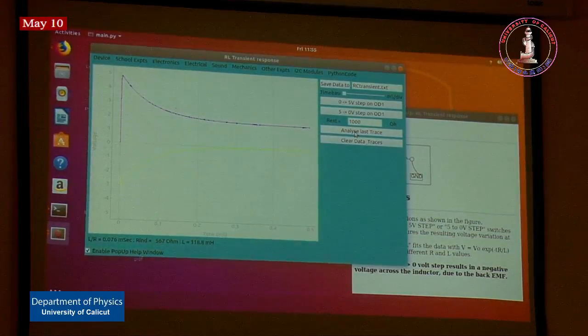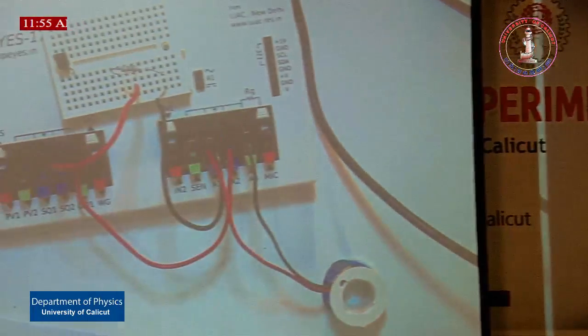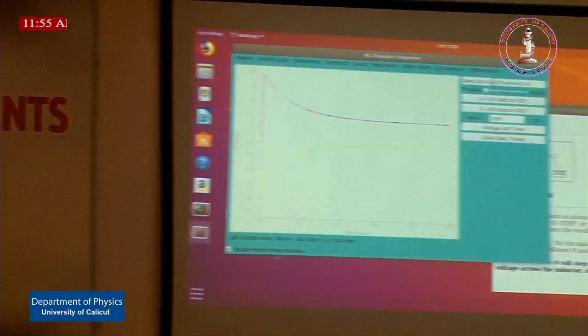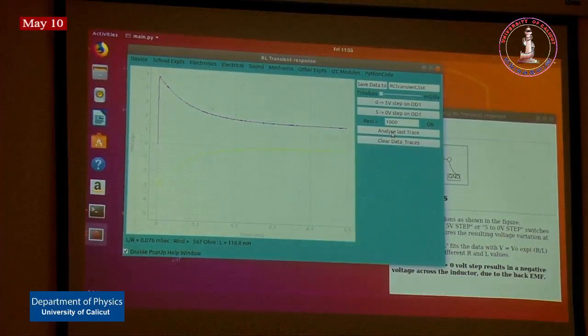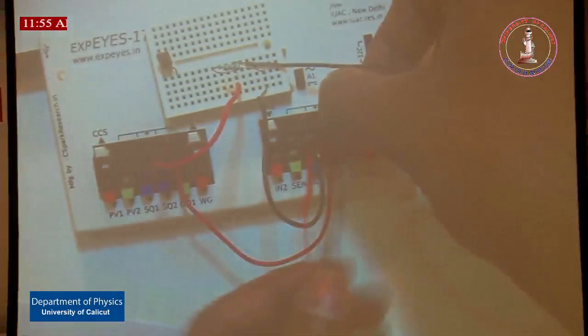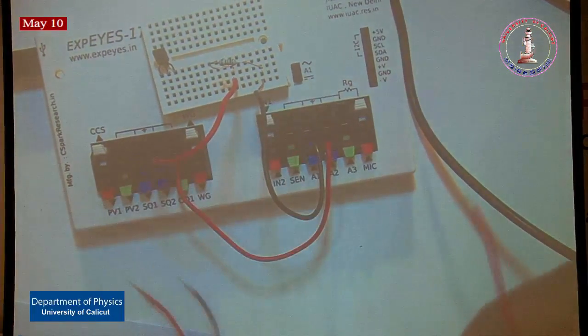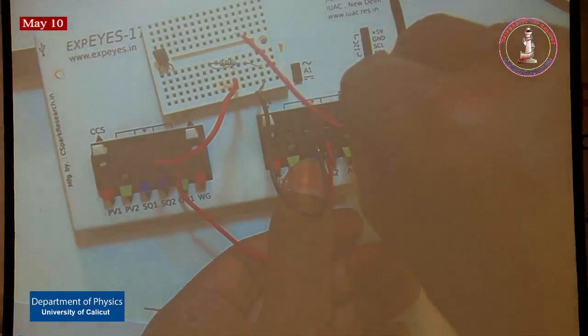Now I will take another one. So write it down. What is the value now? Just write it down. 118.8. All of you just write it down. Now I'll put another one. Okay, this is a different one.